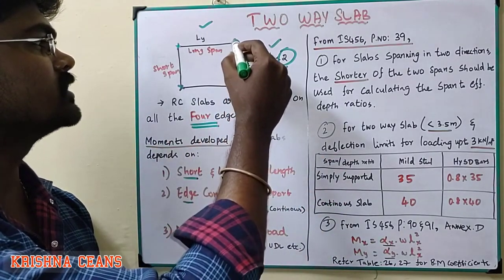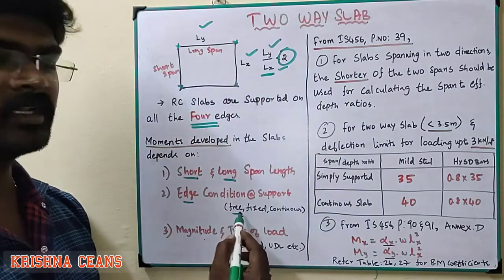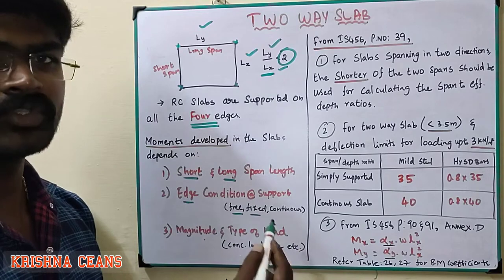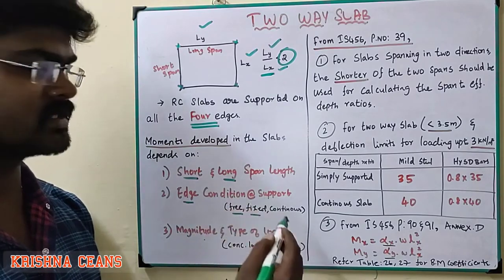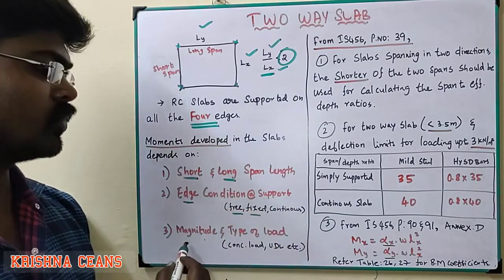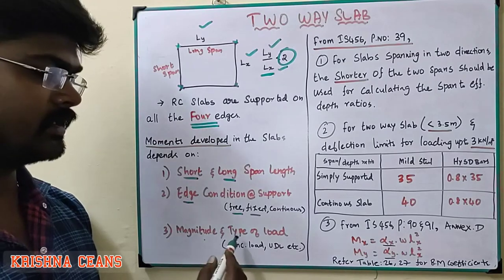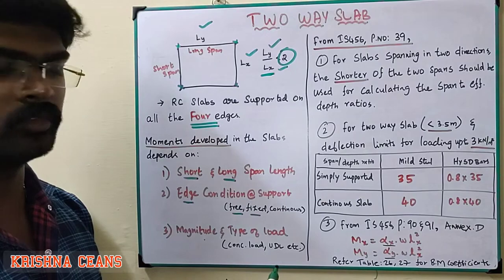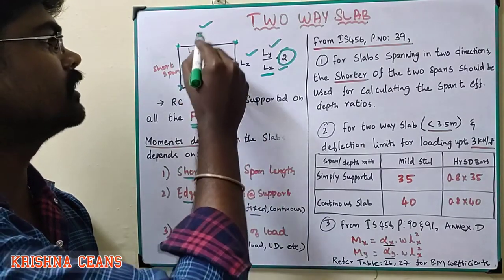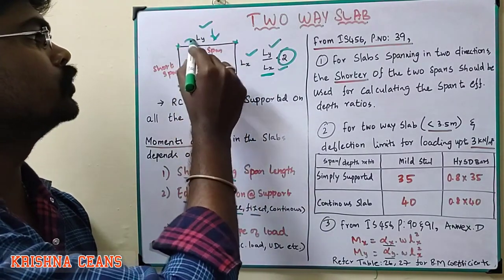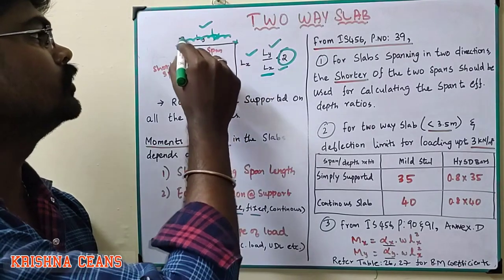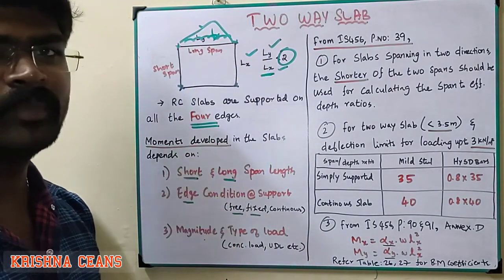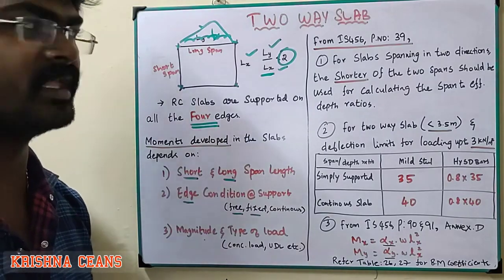The edges supported may be free, fixed or continuous, so it depends on the edge conditions at the support. Then third, the magnitude and type of load. If the load is a concentrated load, or UDL, or a uniformly varying load, the moment developed will vary.